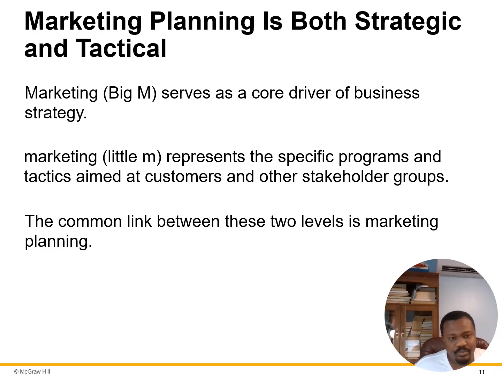The common link between these two levels is marketing planning. So we have marketing planning in the middle of marketing big M and marketing small m. The big M is the core driver of business strategy, the market-driven strategies which are supposed to be developed and implemented in a marketing plan. And then the small m is the program document that has the tactics aimed at the customers and stakeholder groups.